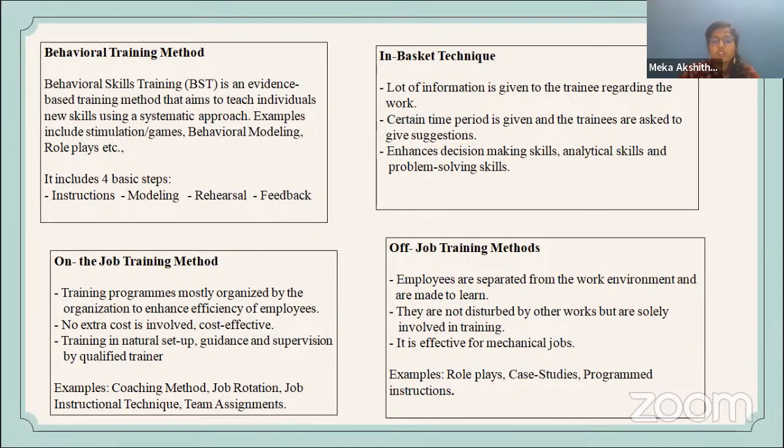And job rotation. In order to enhance the skills of the employee, they would be using job rotation. For example, if one of the employees is working in the sales department, he or she has the skills and knowledge based on that particular role in the sales department. There would be a sales executive, sales manager, different positions, right?